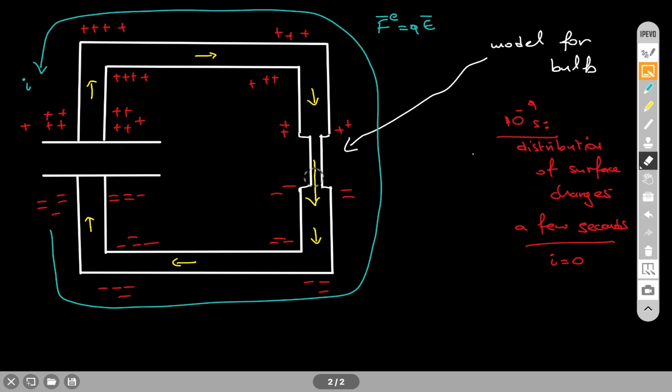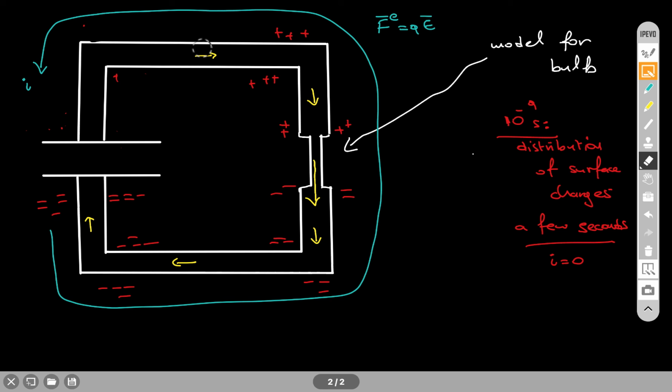But now I have nothing on this plate of the capacitor as well, and this means that I no longer have any surface charges distributed on the circuit, which gives me no electric field.